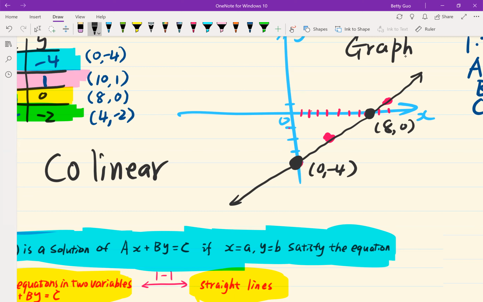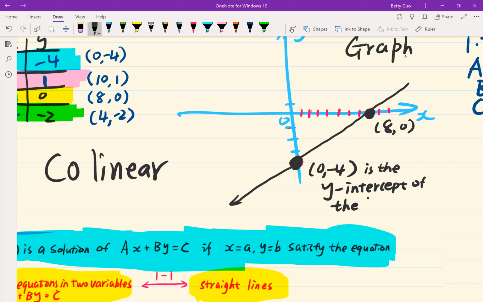The reason they are special is because look at (0, -4). (0, -4) is the intersection of the straight line and the y-axis. So we call (0, -4) the y-intercept of the line or the equation. They are the same thing, remember.